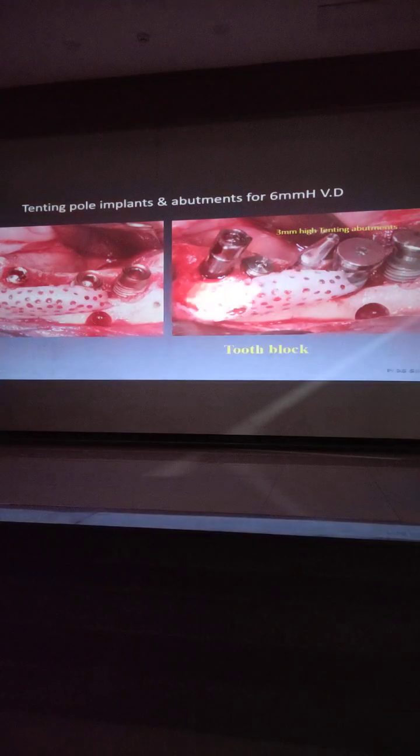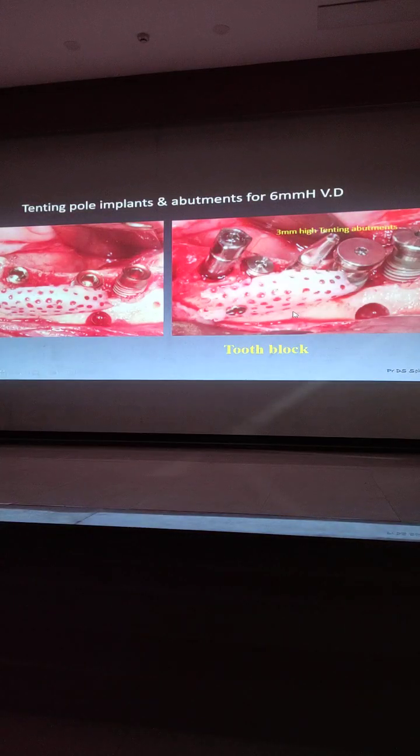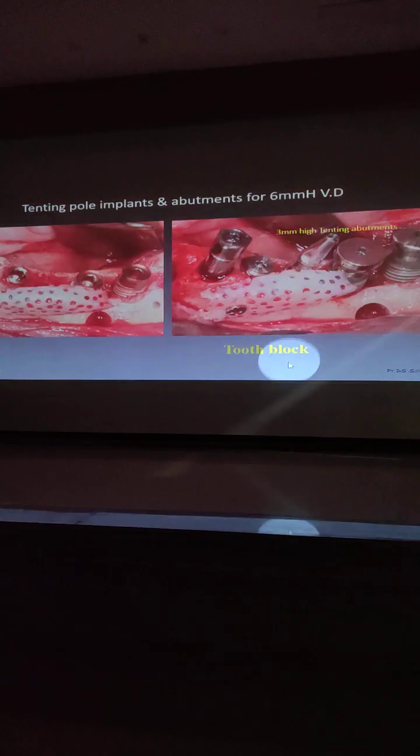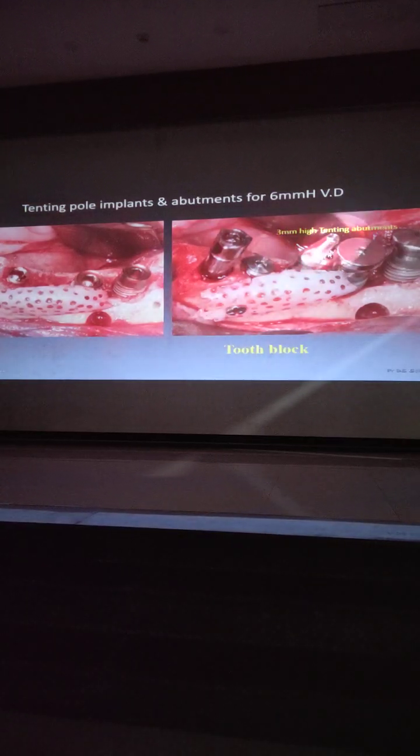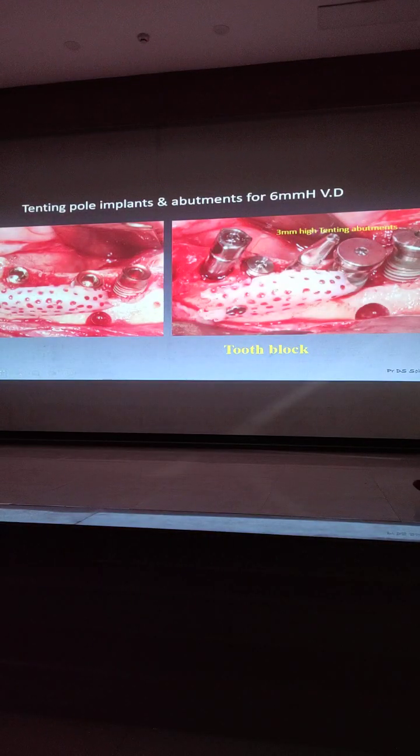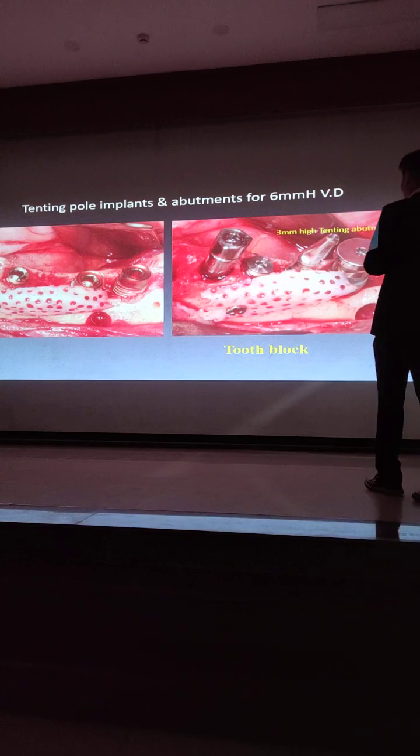And the patient's extracted tooth was also prepared as an osteoinductive tooth bone graft. In this case, I placed three mini implants on the entire mandible in order to deliver an immediate fixed temporary restoration.